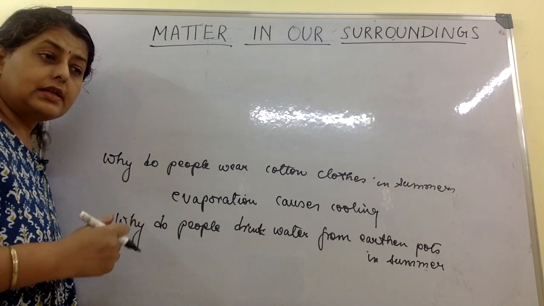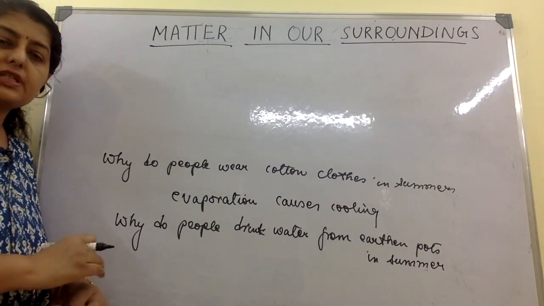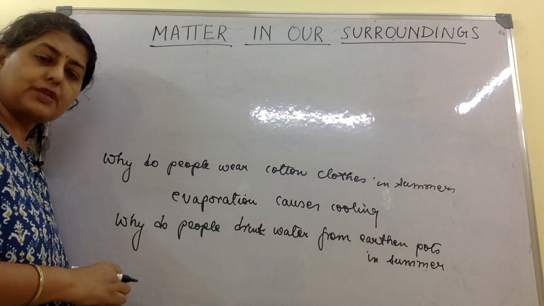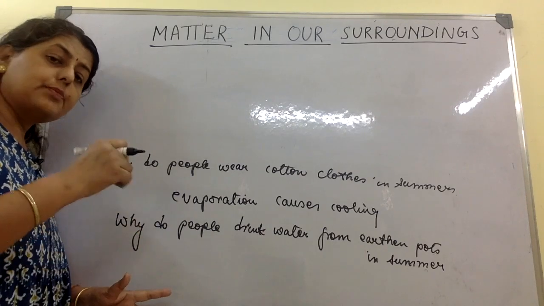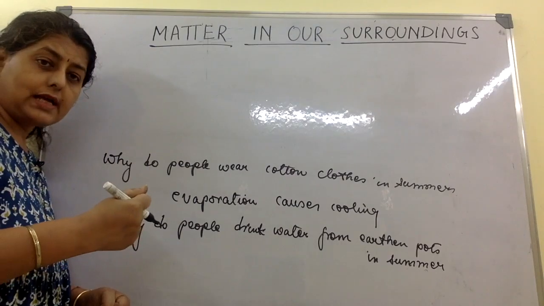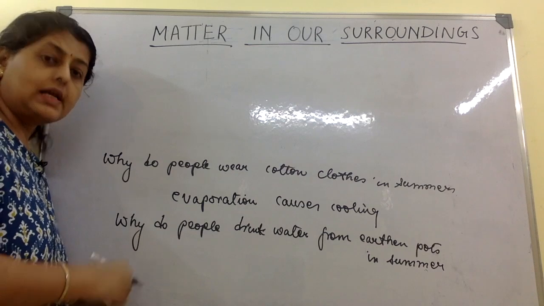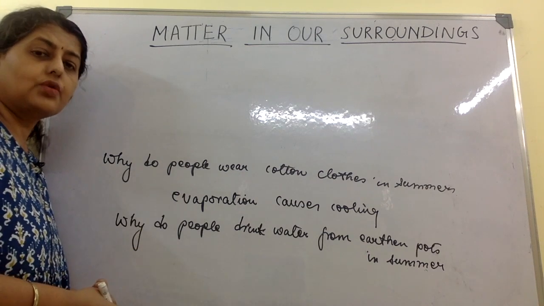Okay, another thing, if you have ever seen that you put a little bit of perfume on your hand, on your skin, and you feel a little cold in that area till it is wet. Once it evaporates, you don't feel cold anymore. Same reason, the perfume is evaporating from your hand, taking the latent heat of vaporization from your hand, and that is why you are feeling cold.